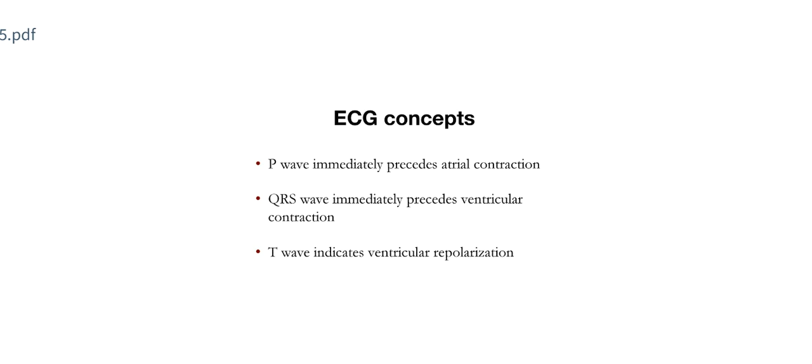Why don't we see repolarization of the atrium? It's hidden by ventricular depolarization. Your QRS is so big that the T wave of your atrial repolarization is obscured by such a big, strong QRS wave.